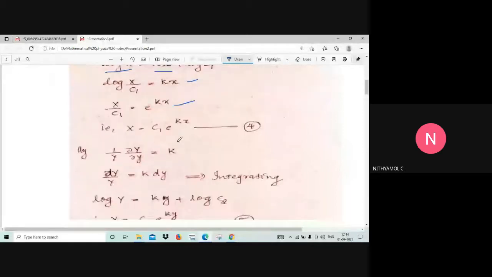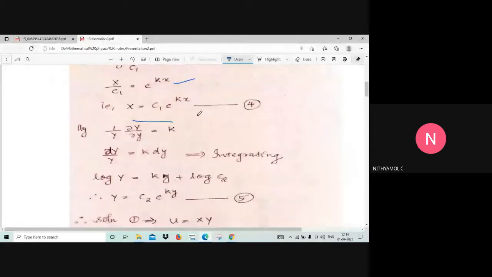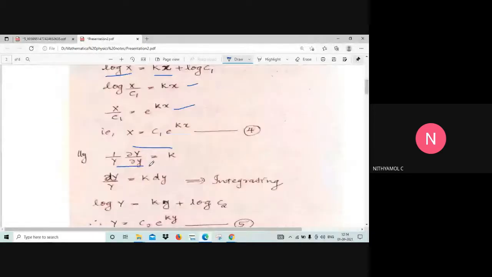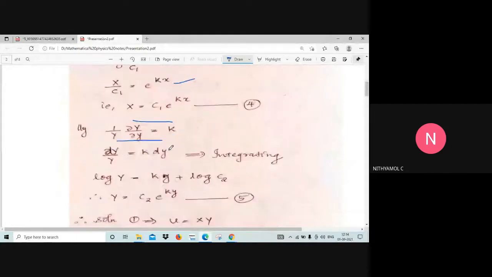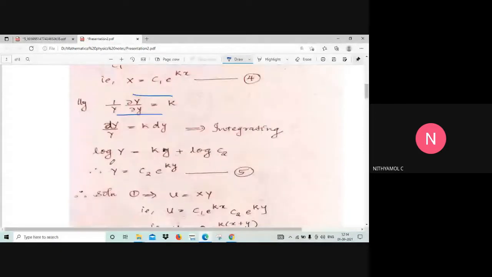In the same way, we can equate this equation to a constant. Therefore, 1 by Y dY by dy is equal to k, and we will get Y is equal to c2 into e raised to ky. So that is equation number 4 and 5.